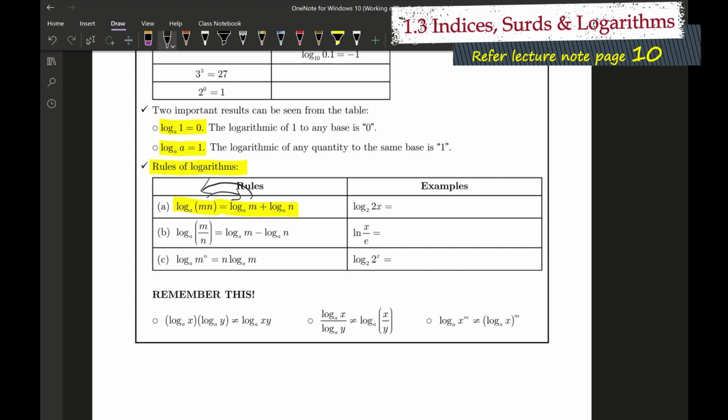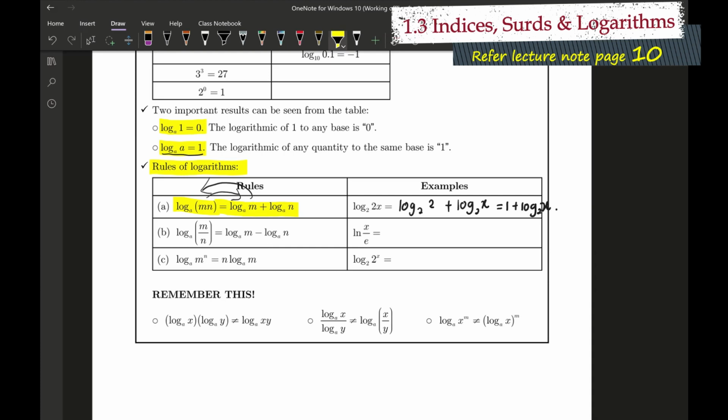So log 2x base 2 can be written as log 2 base 2 plus log x base 2, whereby we have seen up here log a base a is equal to 1. So log 2 base 2 is equal to 1. So the answer here, 1 plus log x base 2.